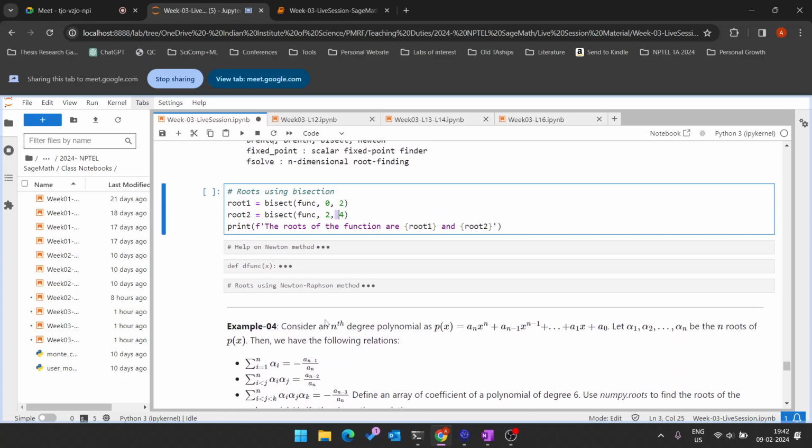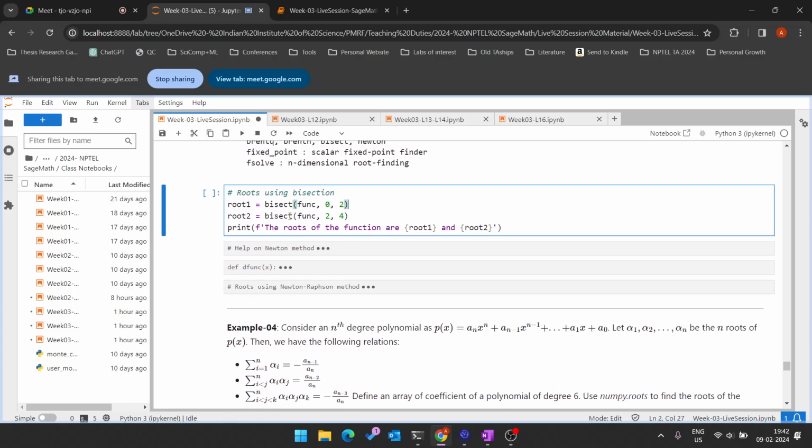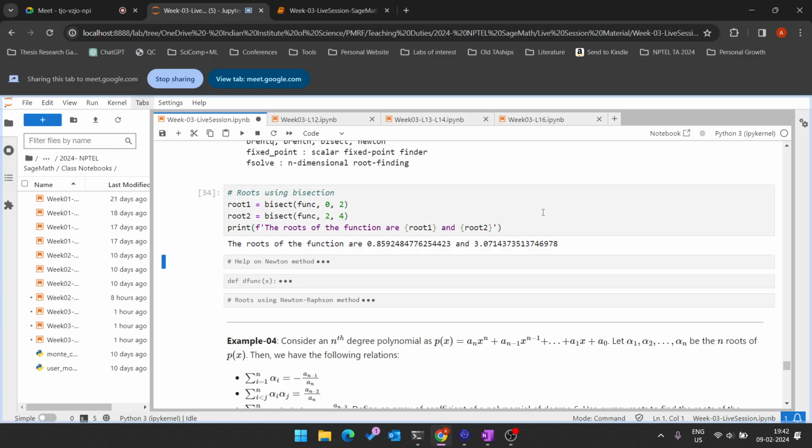So I expect my bisect function to get me these two roots, and then I'm printing it directly. You can see that this happened very quickly. We obtained the two roots as 0.8592 and 3.071. So these are the two roots that we obtained using the bisection method.